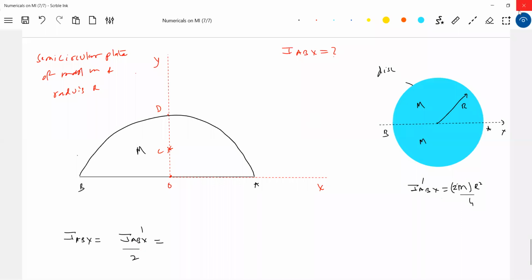If I remove this lower part, what happens to the moment of inertia? As it is symmetric, the moment of inertia will decrease by half, and we know that about any diameter it is the mass of the circular plate times r squared by 4. If I remove one symmetric part, the moment of inertia becomes half of that. So now this will be 2m r squared by 4 times 1 by 2.